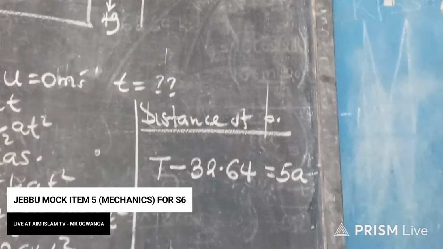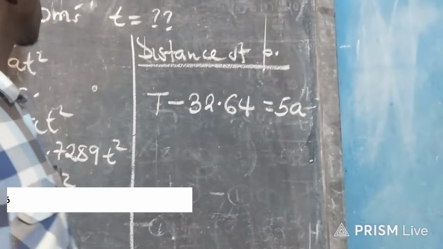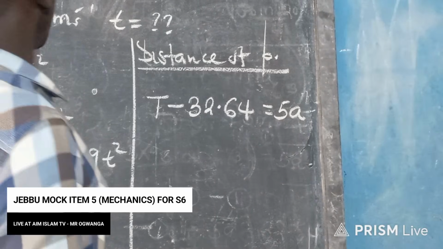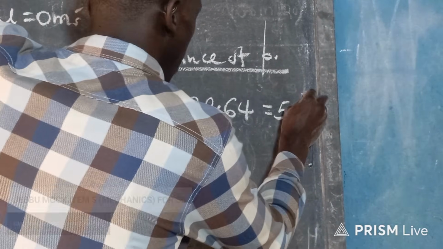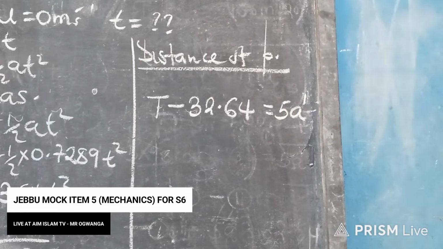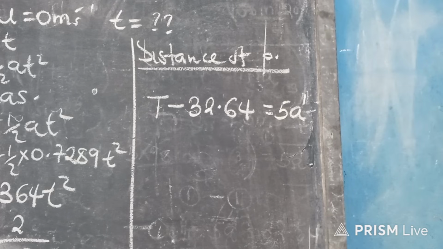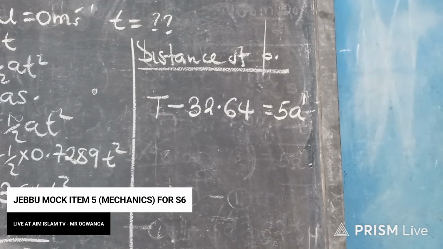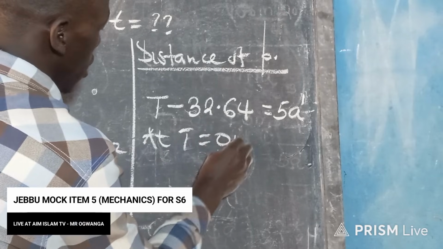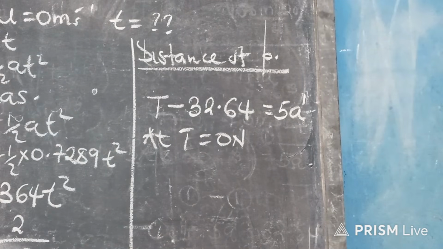Like I said before, in case this string is to get broken, this one will have to go back. So I have to find the deceleration of P. This deceleration means that we will not have any tension. Every force will have to move backward. This one here will not be there. So we say T equals 0 Newton, that's when I don't have the tension.